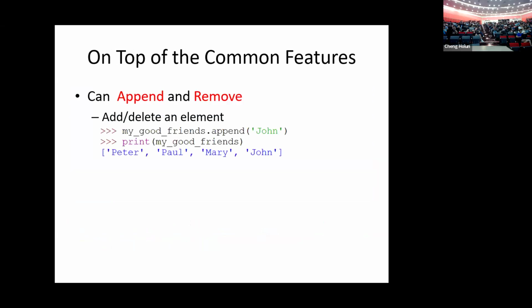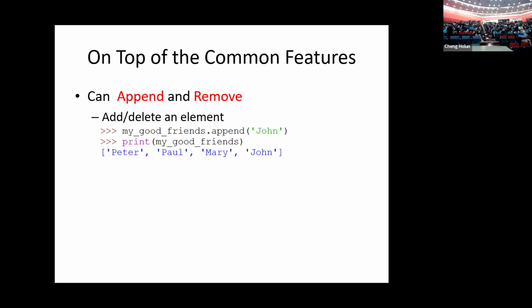For example, I have Peter, Paul, and Mary, and I do my good friends dot append. You can see after the append, it does not show you anything, but this append operation changed the list of my good friends internally.